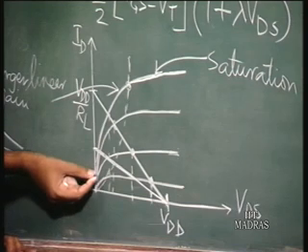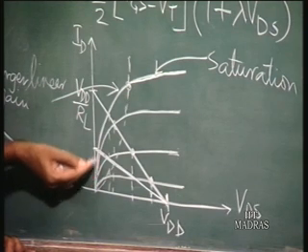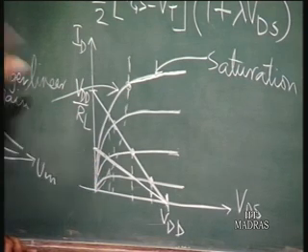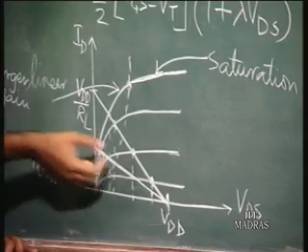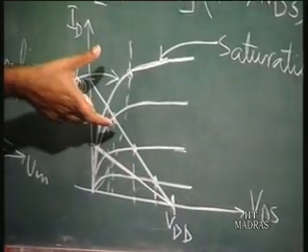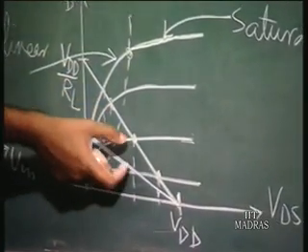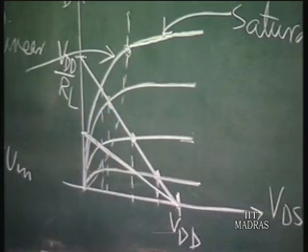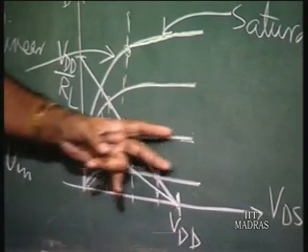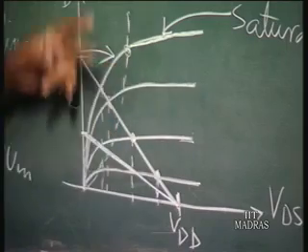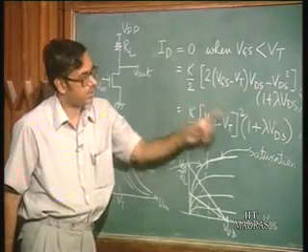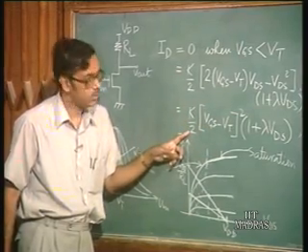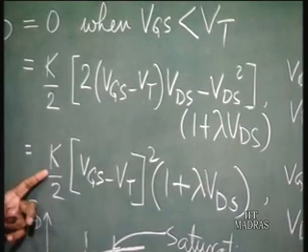If you look here in the linear region, the different curves with VG are more closely packed, whereas here they are more widely separated. So the device has a higher GM, that is del ID by del VG, in the saturation region. And if you look at the expression for the saturation region, what is del ID by del VG?